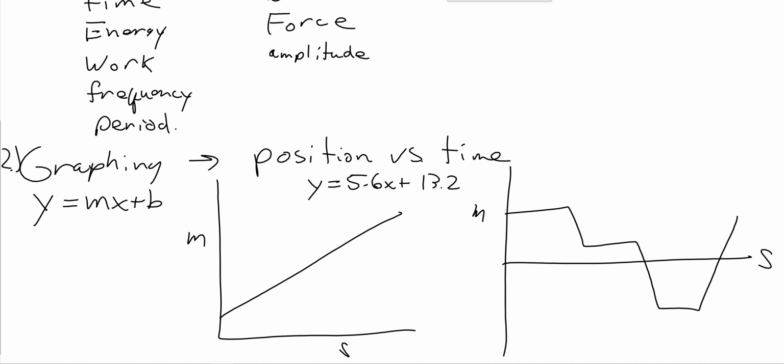The area of each? No, that would be for a velocity versus time graph. There's no v's on this graph. It's pf minus pi, final position minus initial position. That would get me the total displacement.